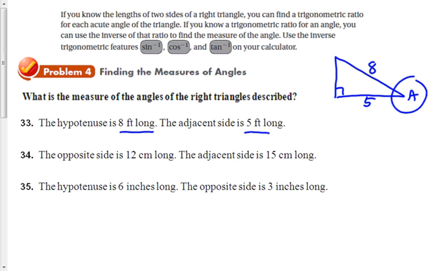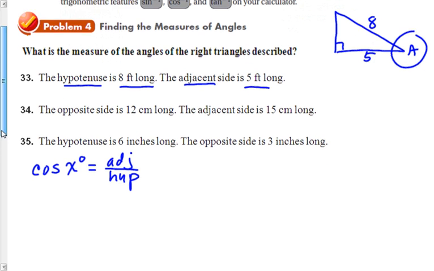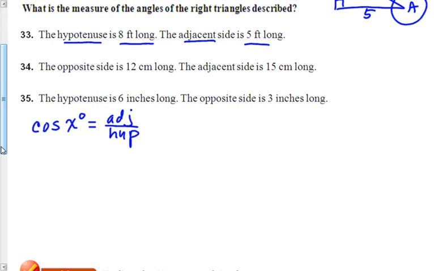Since we have the adjacent and we have the hypotenuse, that would be the cosine. So the cosine of x degrees is equal to the adjacent divided by the hypotenuse. And then just substituting in, the adjacent side in this problem is 5, the hypotenuse is 8.